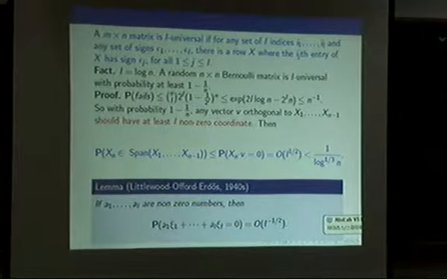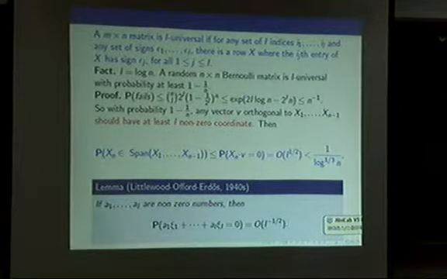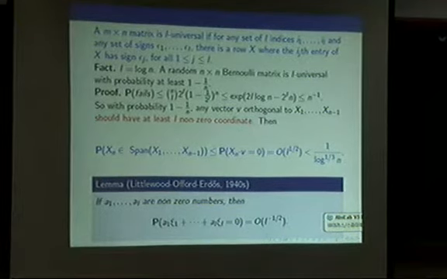Let's say I have a vector v which is orthogonal to x1 up to x(n-1), and I have only L minus 1 non-zero coordinates, say the first ones, maybe 2, 3, minus 5, something like that.